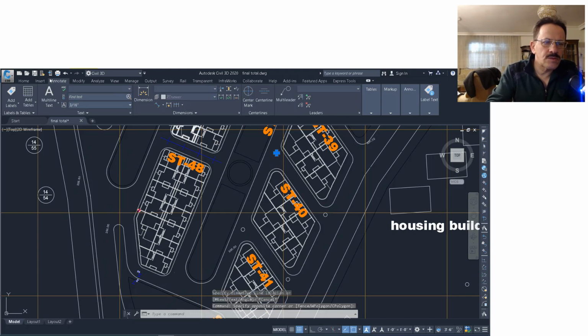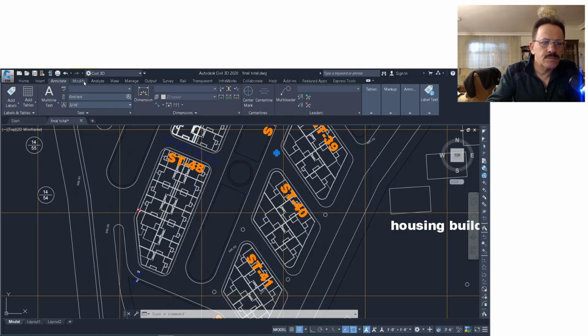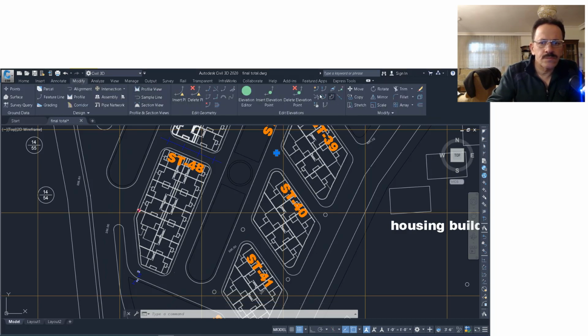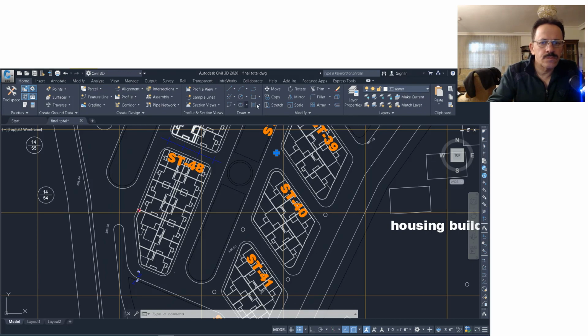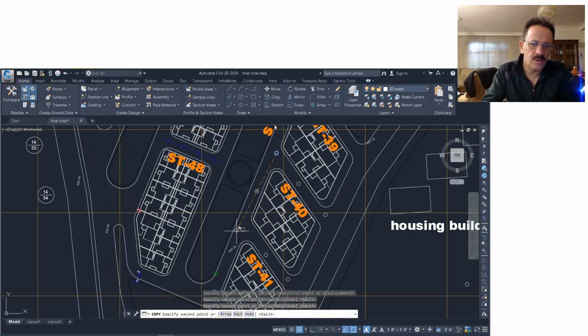So I will just copy this one and put another one here. In the middle, it will be better. I think there is another one. This one needs another manhole, and this one needs another manhole.